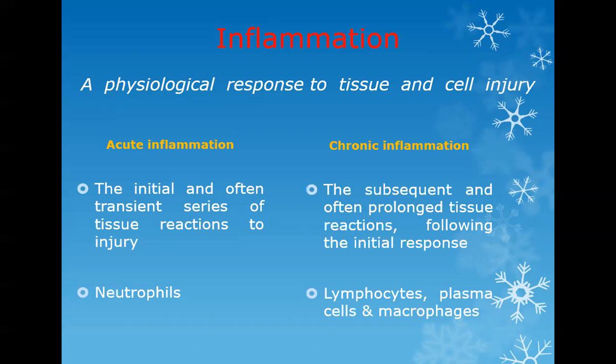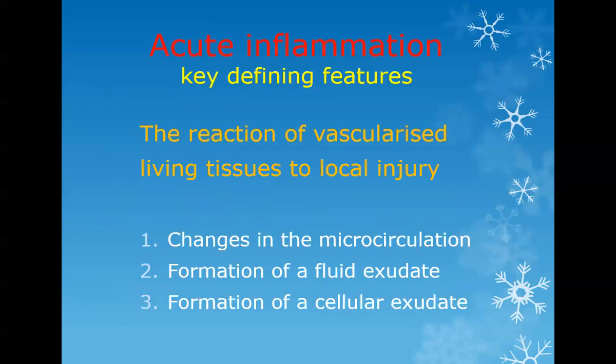Chronic inflammation either starts after acute inflammation or de novo. You don't need any acute inflammation; it starts directly as a chronic inflammation, usually of longer duration. And the cells are lymphocytes, plasma cells, and macrophages. Clear? So again, it's a tissue reaction of vascularized tissue, so definitely we have changes in the microcirculation.